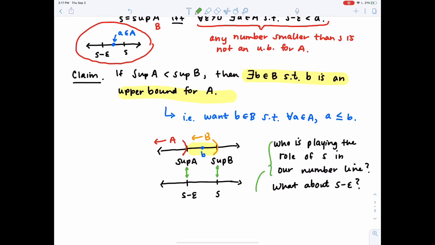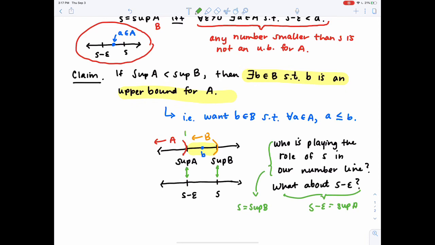So who is playing the role of s in our number line? This is sup B. And then s minus epsilon is sup A. So notice what that means for our epsilon value.